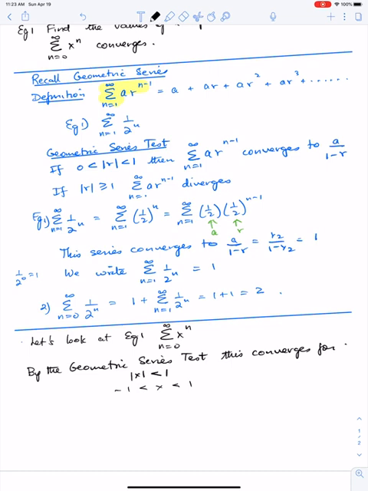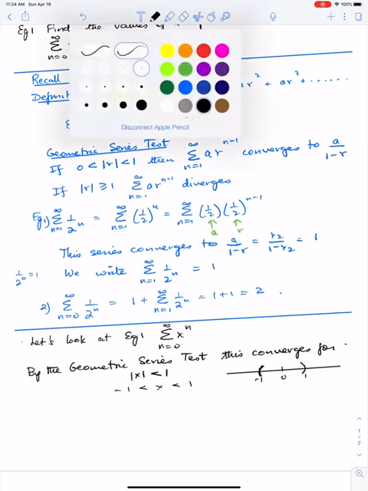So we can actually draw it out now. Draw what we will call the interval of convergence. Let me draw a straight line here. So 0, 1, -1.